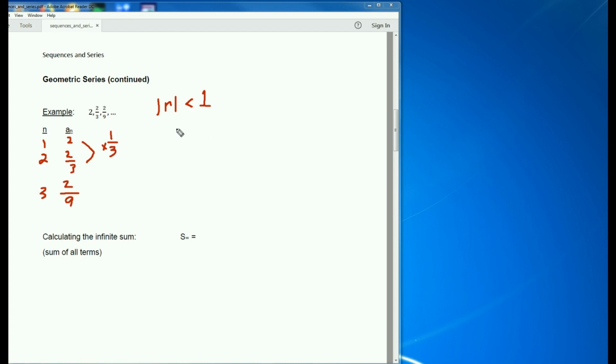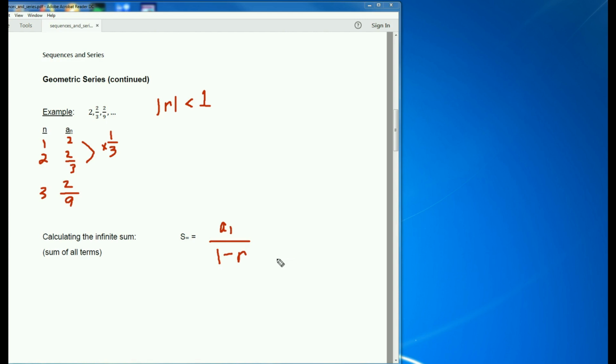When that is the case, then you can calculate the infinite sum of all of the terms in the infinite series. And this formula is definitely a must know. The infinite sum is simply equal to the first term, a sub 1, divided by 1 minus r.